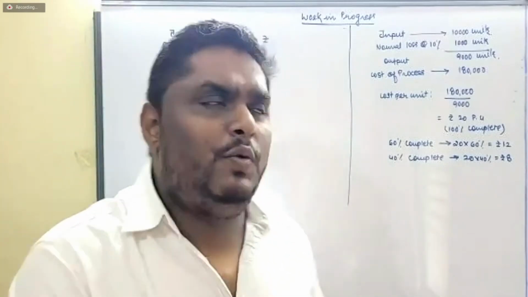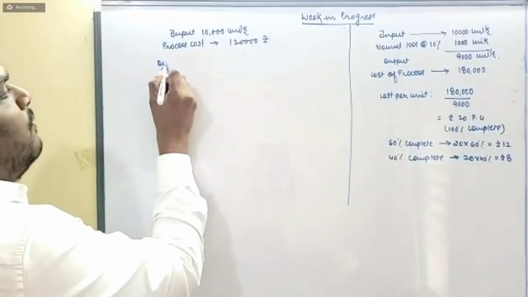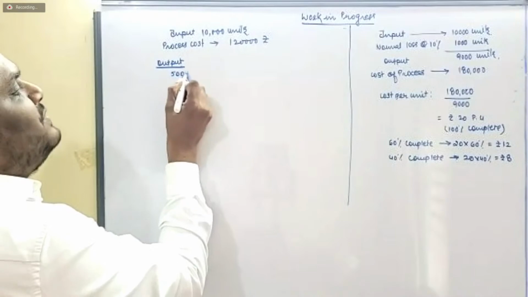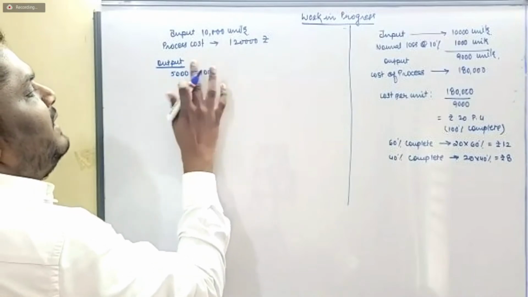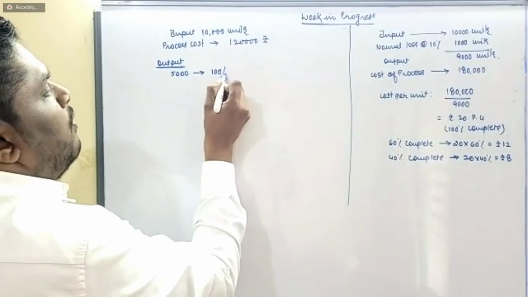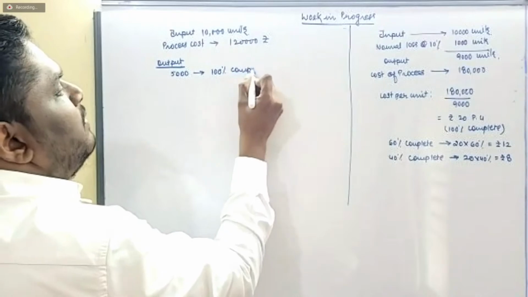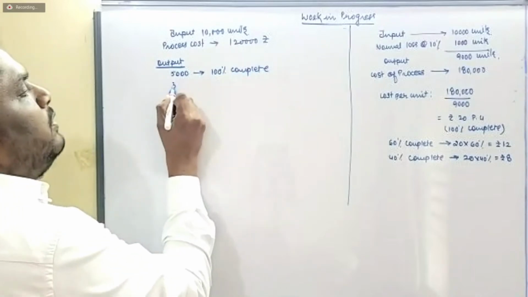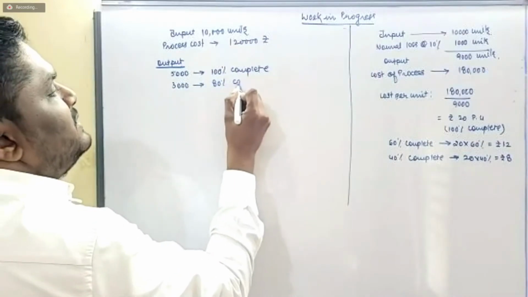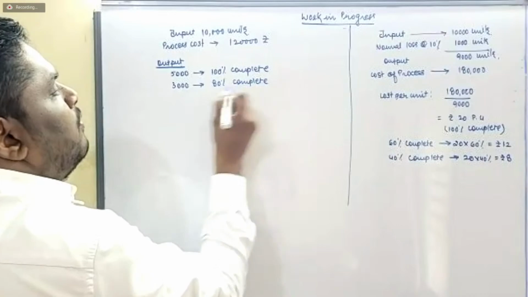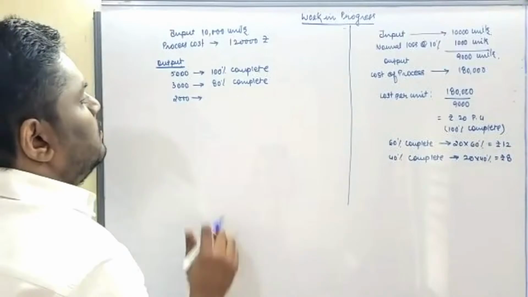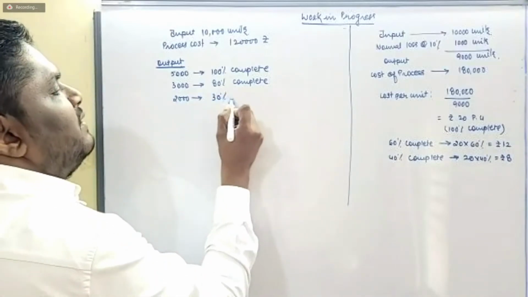Now I have got the output as 5,000 units that are 100% complete, 3,000 units that are 80% complete, and 2,000 units that are 30% complete.